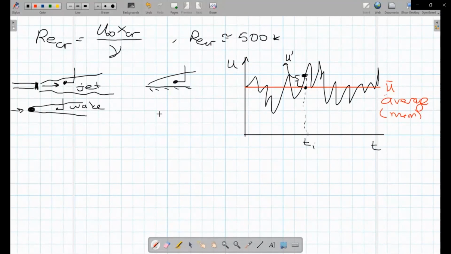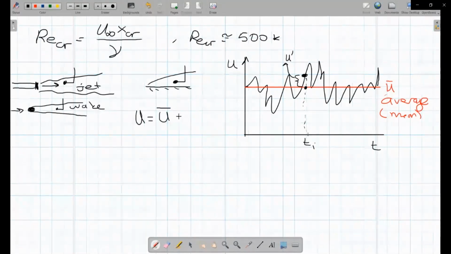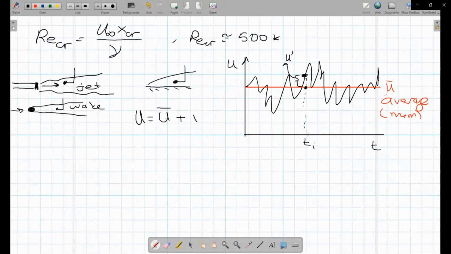Therefore, the instantaneous velocity u is actually the summation of the statistical average velocity u bar at any time instant plus a u prime deviation velocity at that location. Here, we call the u bar value the average velocity. We call the u prime value the fluctuation velocity.